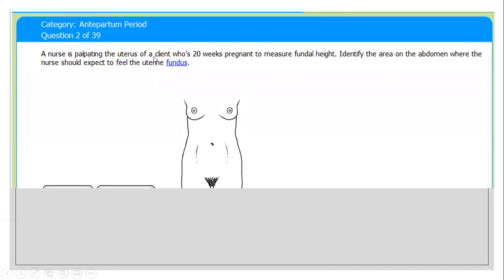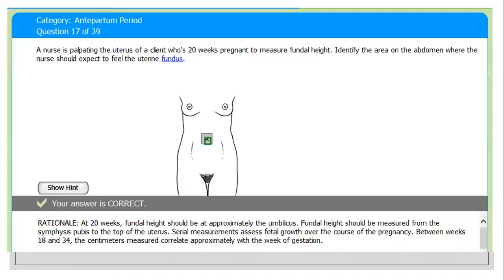So the pregnant uterus at 20 weeks, where should the fundus be? Is it in the pubis symphysis? Is it between the umbilicus and pubis symphysis? Is it just close to the umbilicus? What is the correct answer?